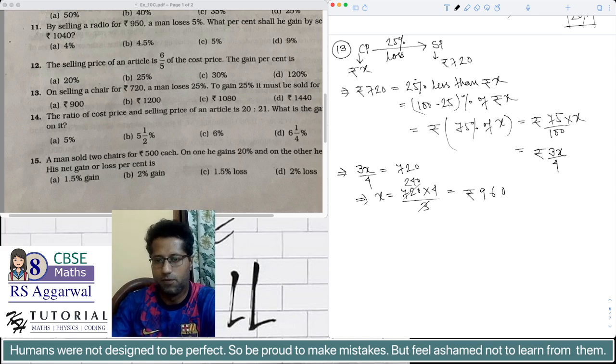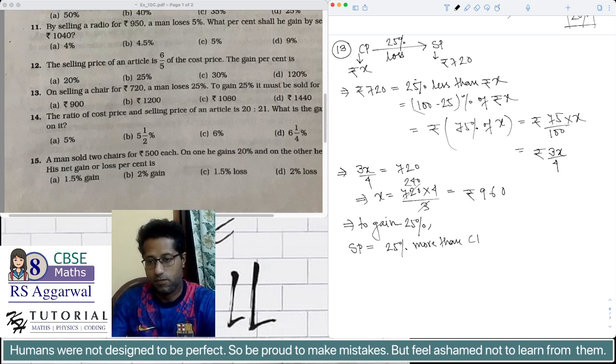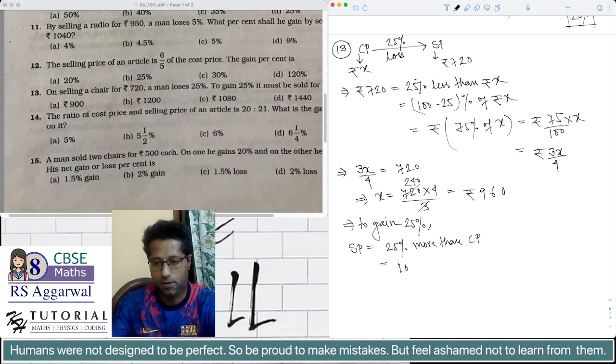So the cost price we know is rupees 960. Now we can say to gain 25%, selling price has to be equal to 25% more than the cost price, which is equal to X, and which is equal to 960. 25% more means 100 plus 25% of CP is X, which is equal to rupees 960.